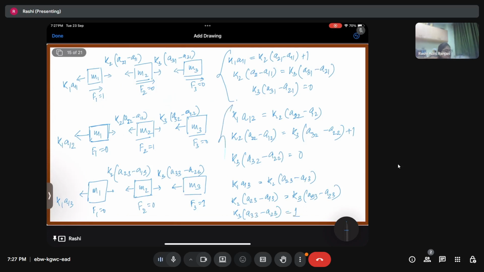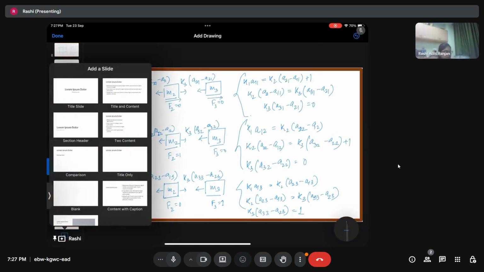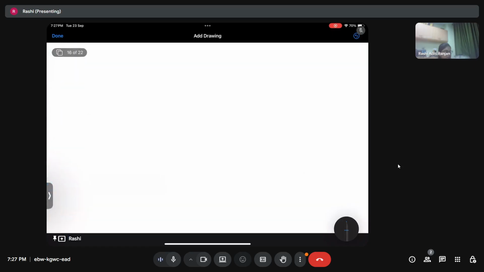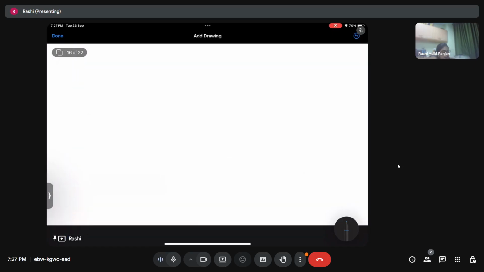Now if you are going to solve these equations, these are linear equations, you can just solve it. You are going to get the relations something like A11 is equal to A21 is equal to A31 as 1 by K1.